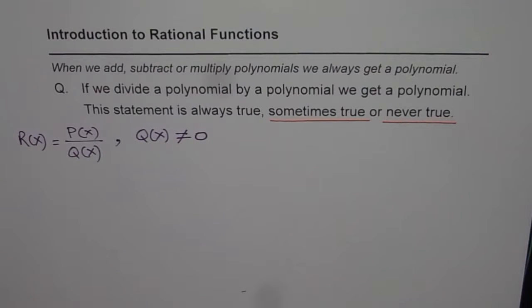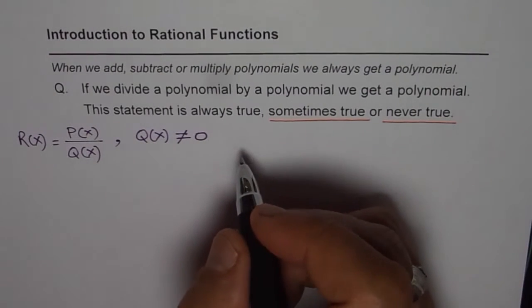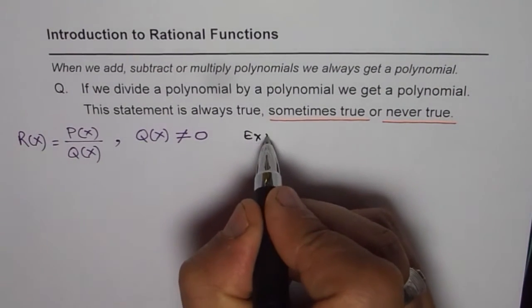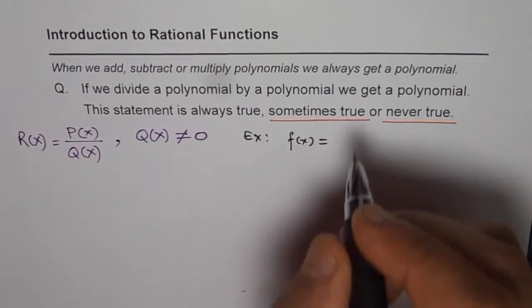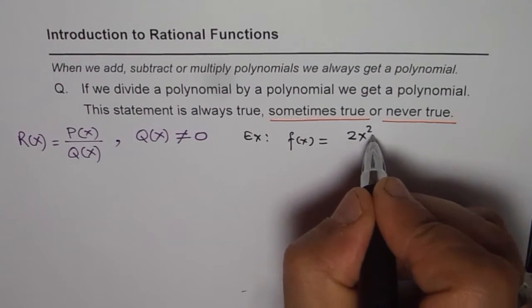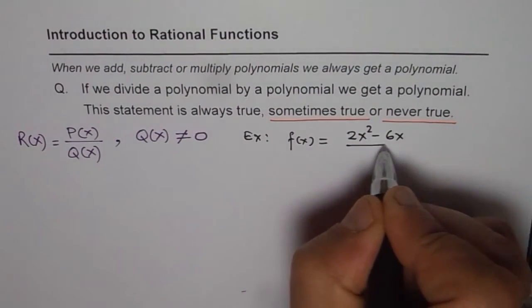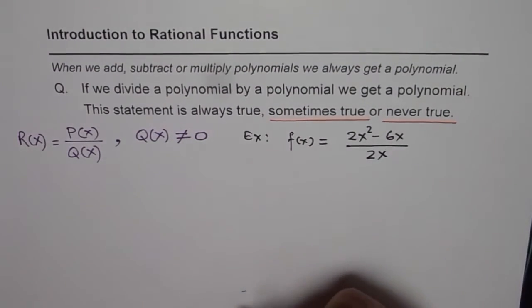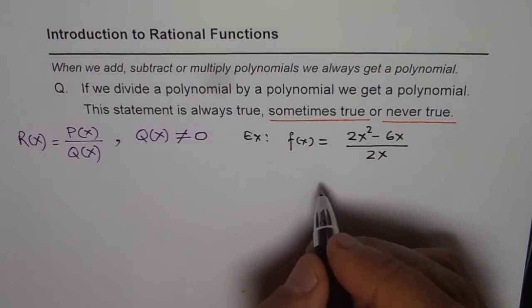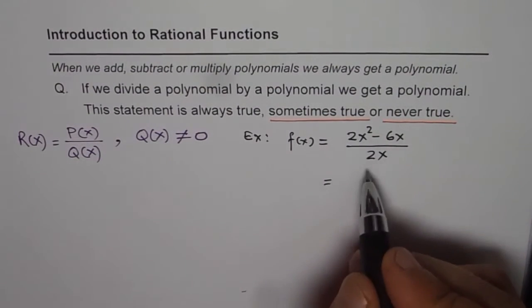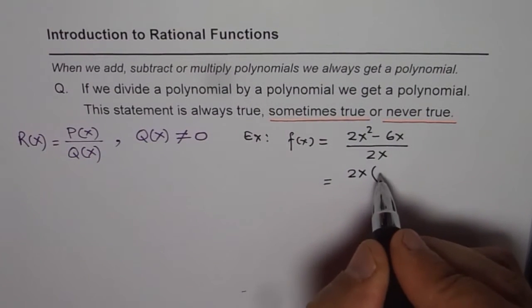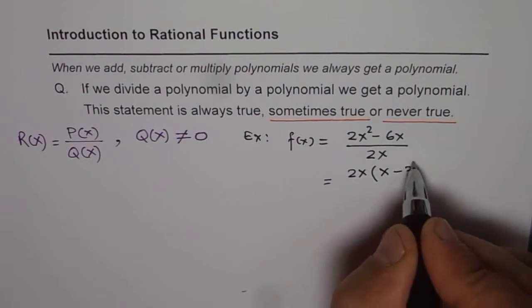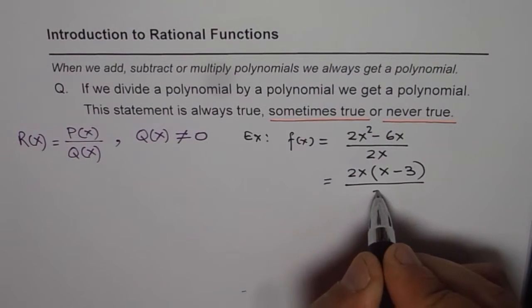So let me start with a very simple example. Let us say we take a function f of x equals 2x squared minus 6x divided by 2x. Now what a student does, which you will do too, is factor 2x from the numerator, which is 2x, and you're left with x minus 3, and then you divide it by 2x.